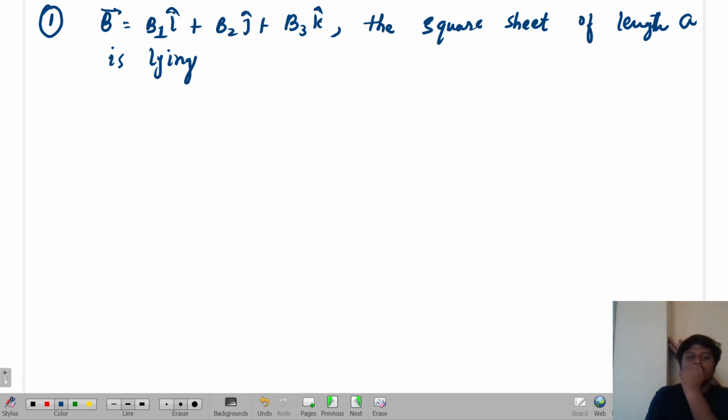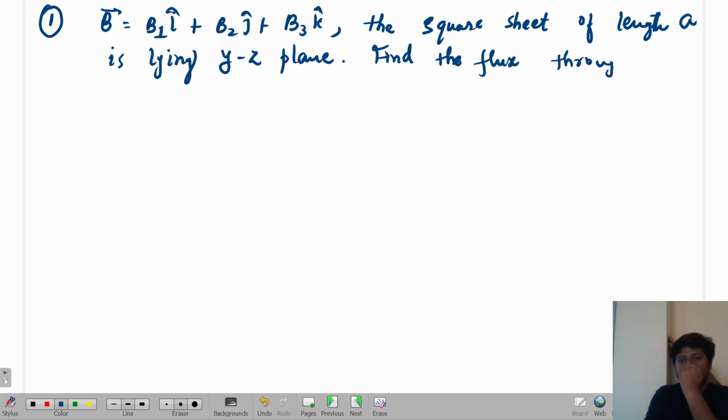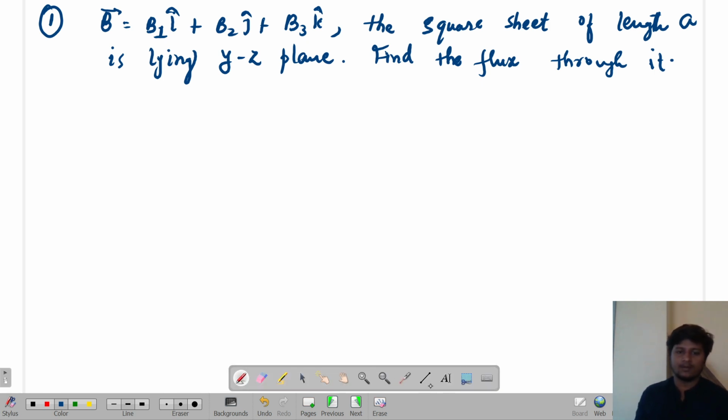Where is it lying? It is lying in the YZ plane. Find the flux through it. Do it fast. What will be the answer?